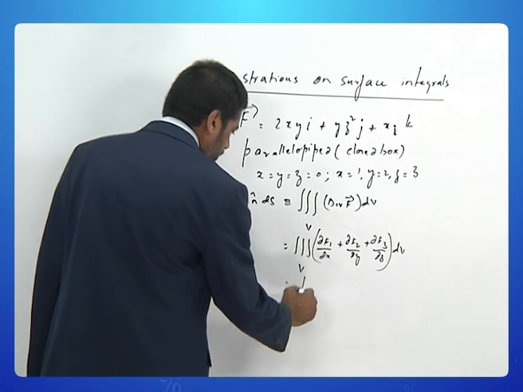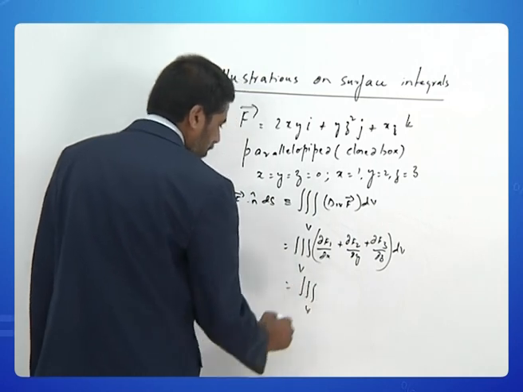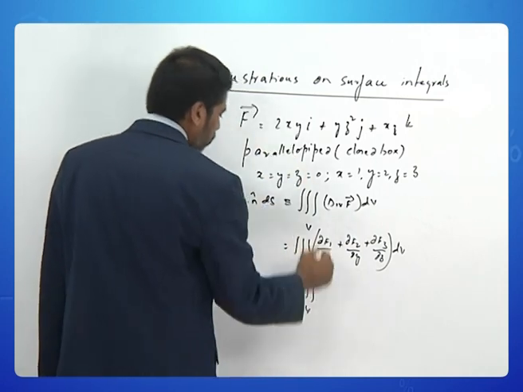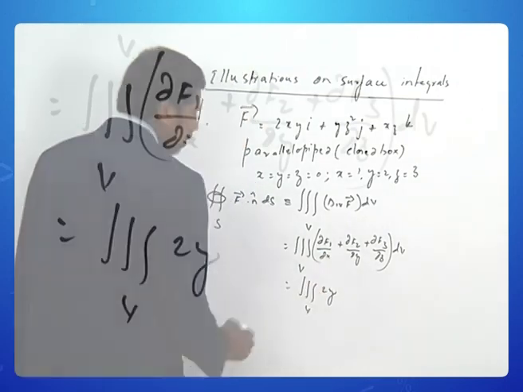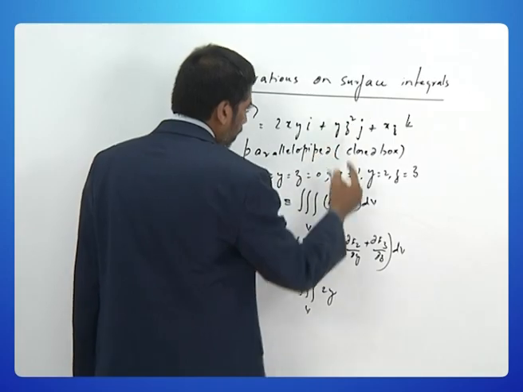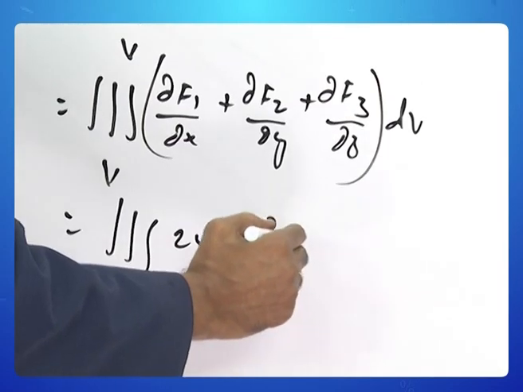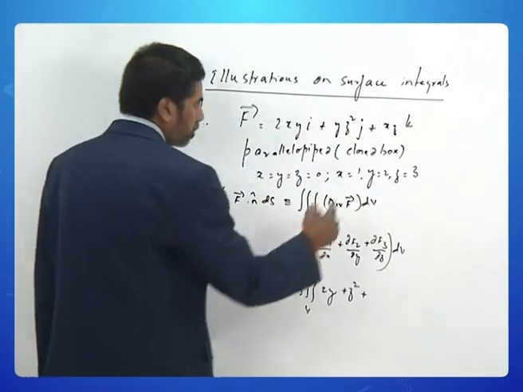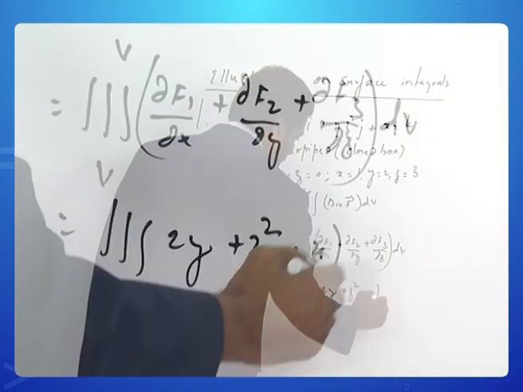Now, this will give us ∂f1/∂x is 2y, plus ∂f2/∂y is z squared, plus ∂f3/∂z is x.